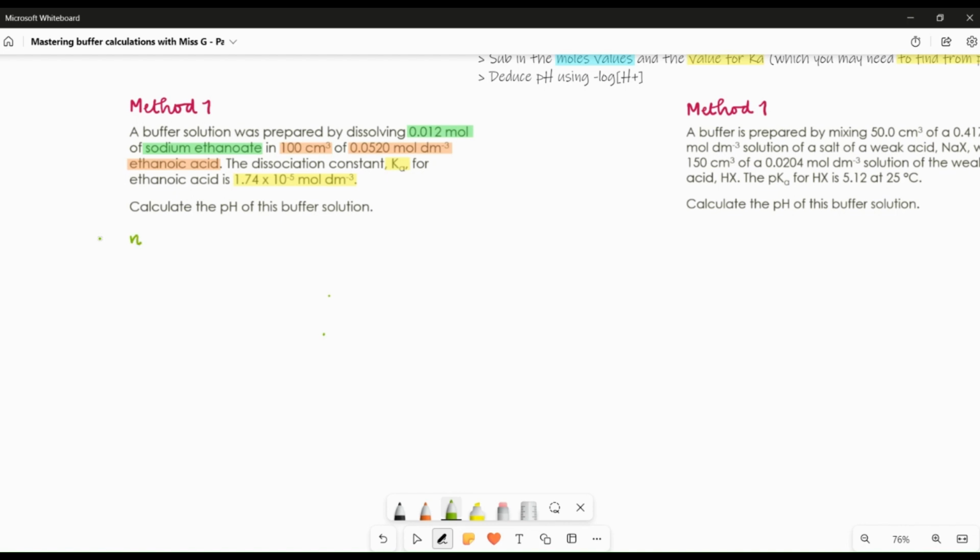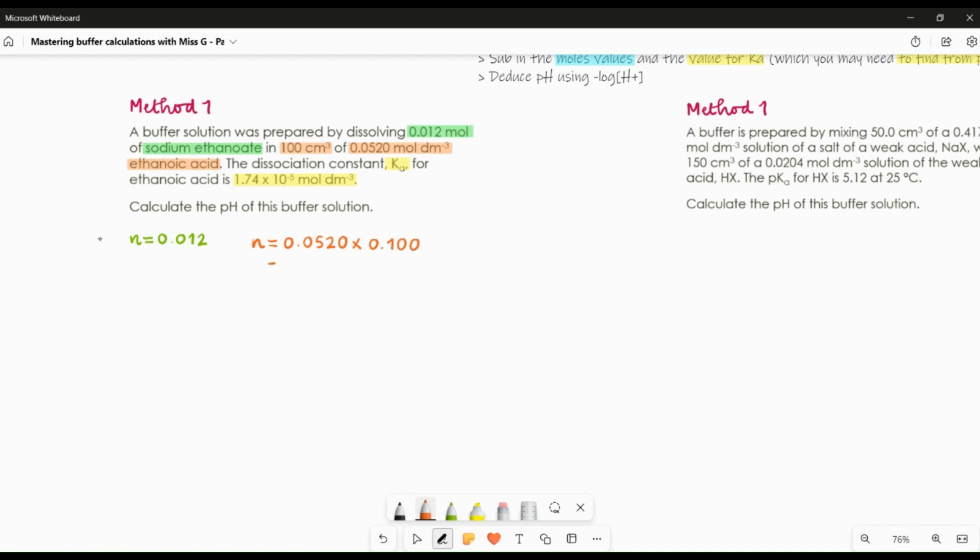Now we've already been given that, but I like to have everything written down that I may need in order to answer the question in my working out space. So I've just rewritten that there. And then I'm going to work out the moles of the weak acid by doing concentration 0.0520 times volume, which is 100 centimetres cubed, which I then need to divide by 1,000 to put it into decimetres cubed.